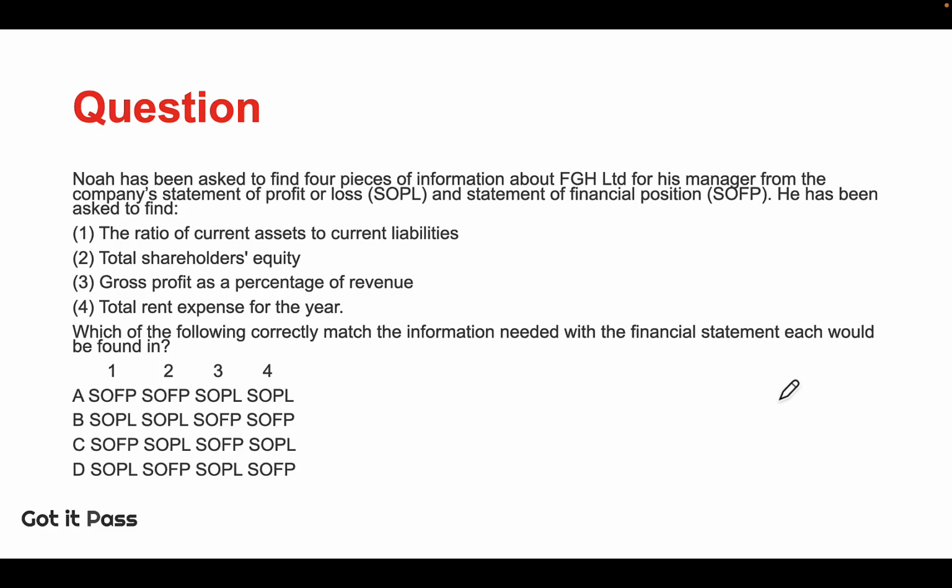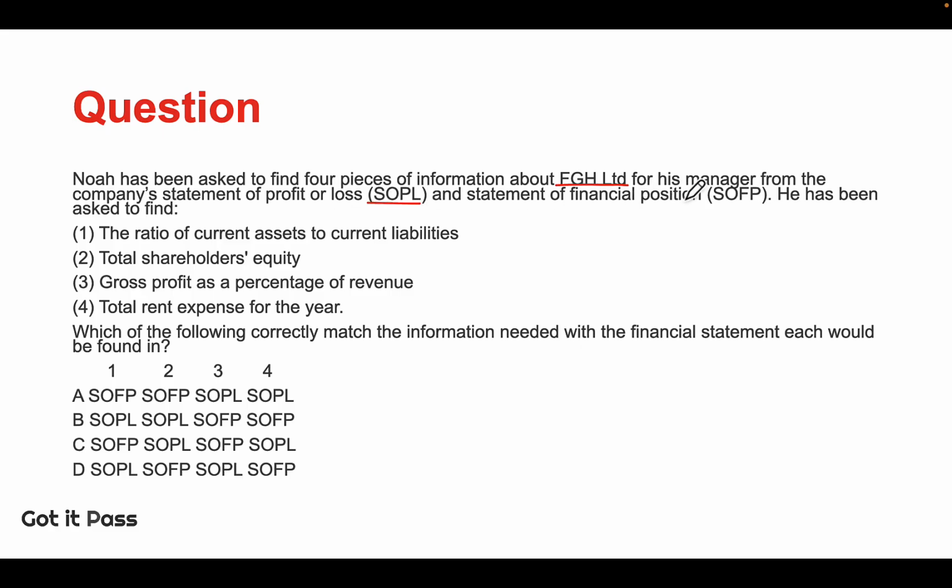So we have one in-class question for this class. This question is about a company called Noah. Noah has been asked to find 4 pieces of information about this company, FGH Limited, for his manager, from the company's statement of profit or loss and the statement of financial position.